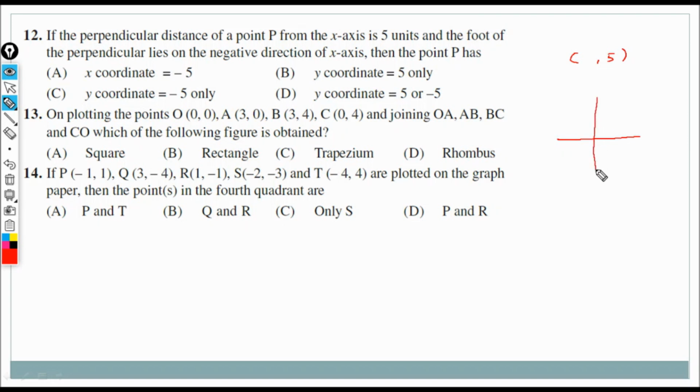This is x-axis and y-axis. If the perpendicular distance of point P from x-axis is 5 units, and the foot of the perpendicular lies on the negative direction of x-axis, then the point P has this y coordinate, y coordinate negative, y coordinate -5 only.